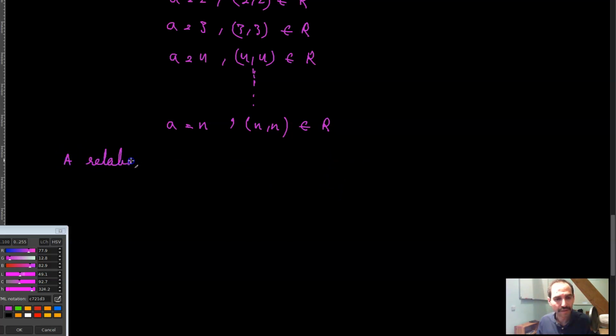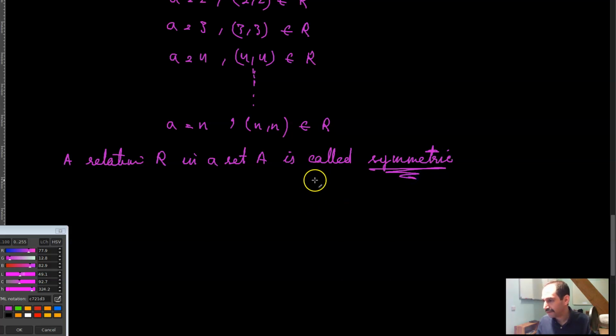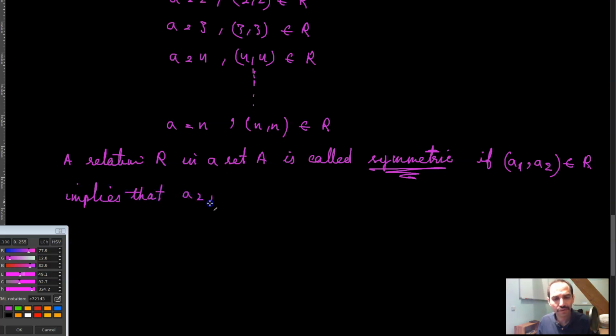A relation R in a set A is called symmetric if (a1, a2) belongs to R implies that (a2, a1) belongs to R, for all a1 and a2 belonging to A.